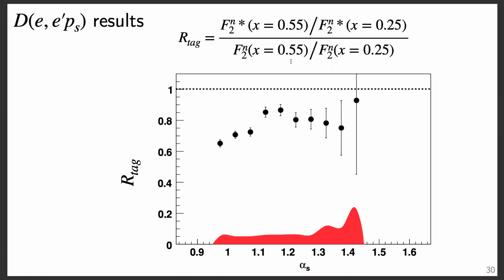So they took the best calculation they had available for the free neutron structure, and then they formed this double ratio. And this is being plotted against alpha S, the light cone momentum fraction of the spectator, and you see something that's mostly flat. I mean, you could argue that there's some kind of slope here, but nothing really pops out as being a smoking gun here.